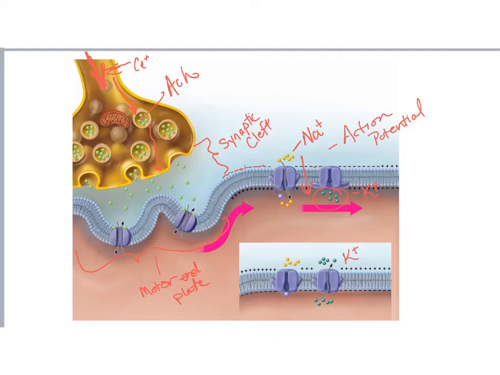So the potassium ions inside are moving out, right? And those potassium ions moving out are going to restore that polarity. So that action potential occurs, that depolarization occurs, and then we have a repolarization.